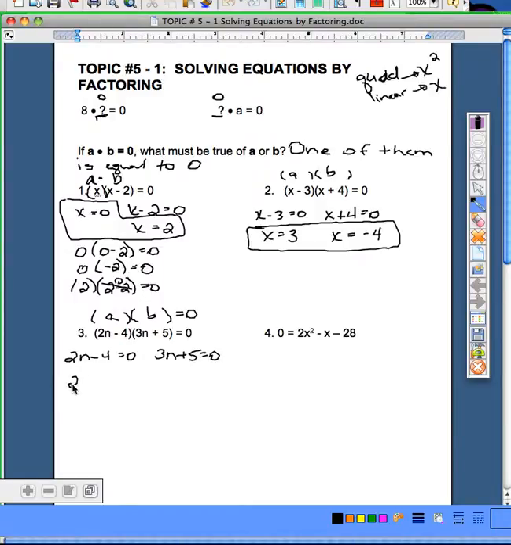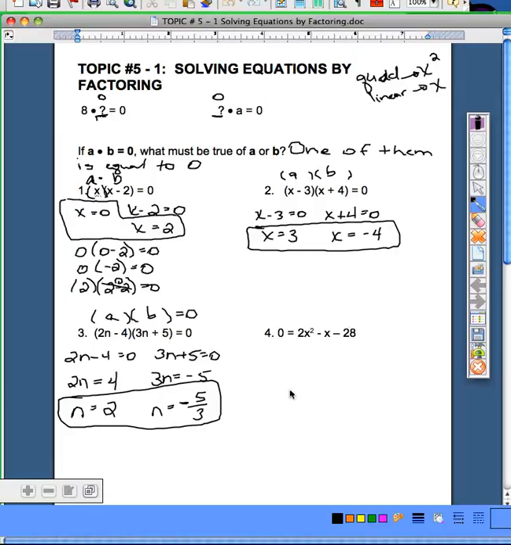So add 4 across, you have 2n equals 4, and n equals 4 over 2, or 2. Okay, here you have 3n equals negative 5. Dividing by 3, n is equal to negative 5 thirds. Okay, so those would be our two answers.